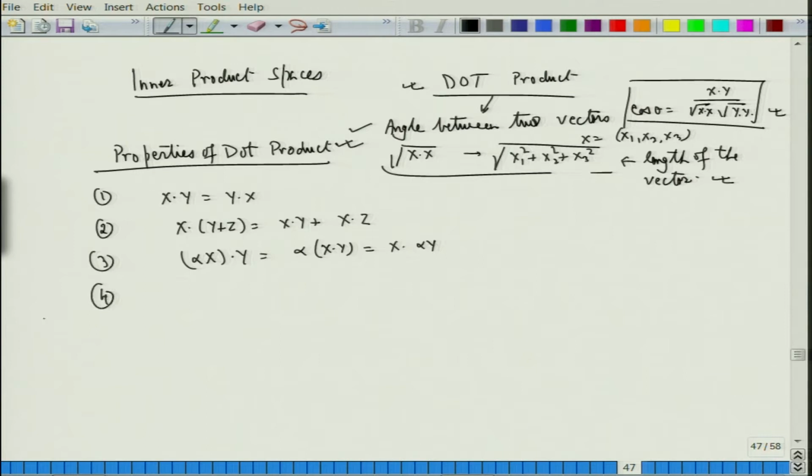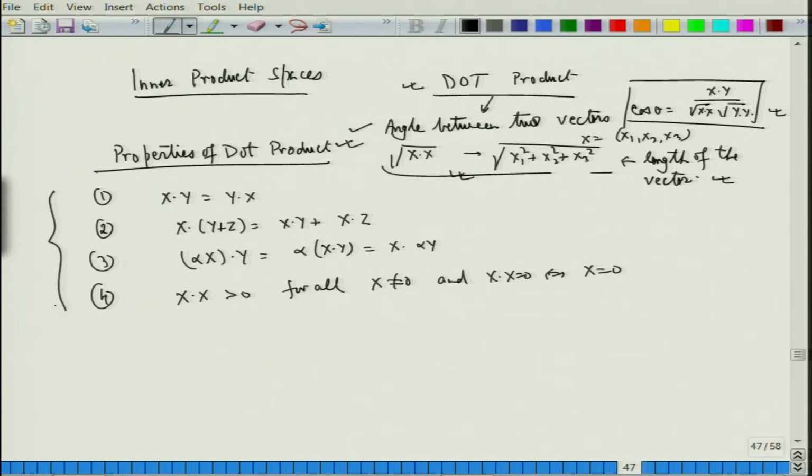And the 4th was related with the length, that x dot x is positive for all x not equal to 0 and x dot x is 0 for x equal to 0. So in some sense we are saying this itself, all right, fine.